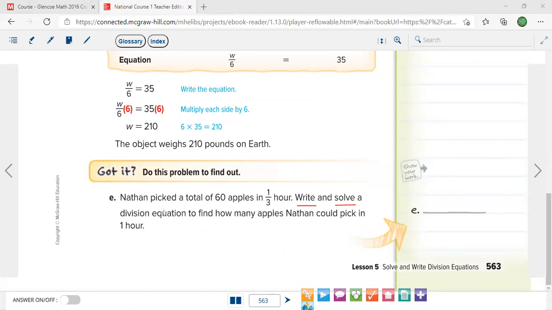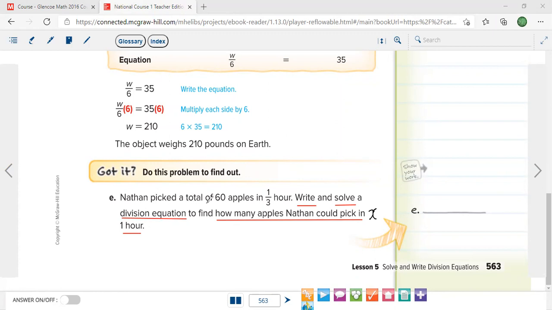Write and solve a division equation to find how many apples Nathan could pick in 1 hour. You need to focus on the required. This required is your variable, because every equation has a variable. So how many apples Nathan could pick in 1 hour, this is the x. So x represents the number of apples Nathan could pick in 1 hour.